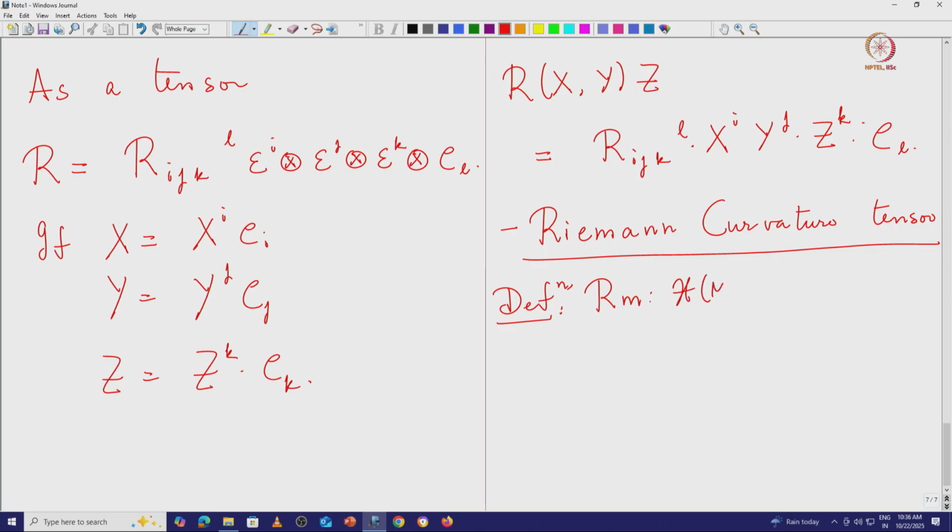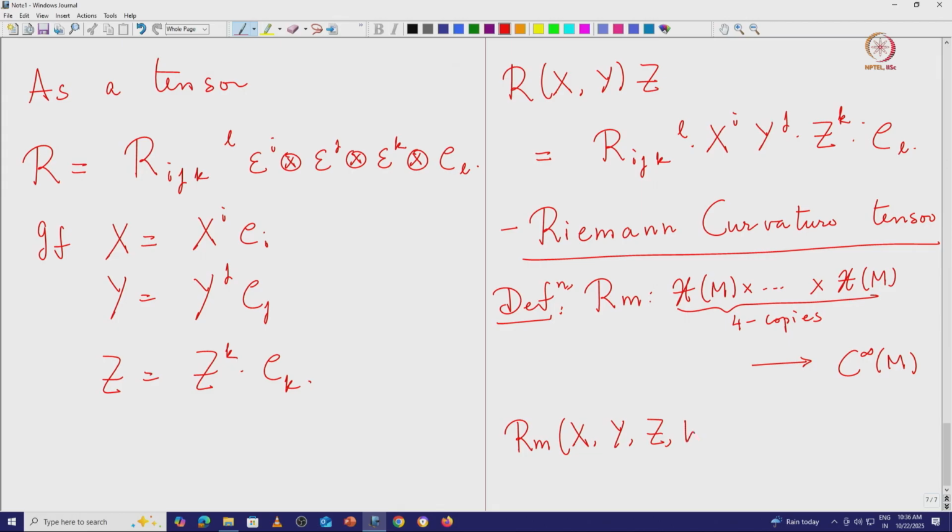This now takes in 4 copies of vector fields and spits out a smooth function. So Rm of x, y, z, w is simply R of x, y, z inner product with w.